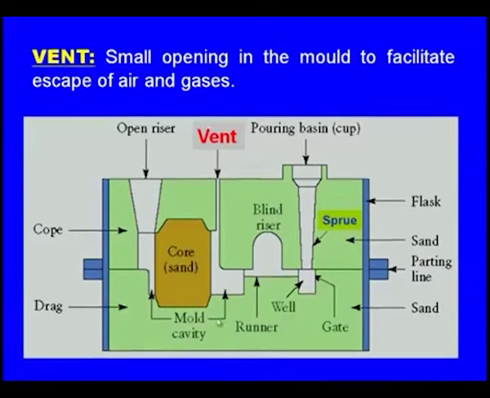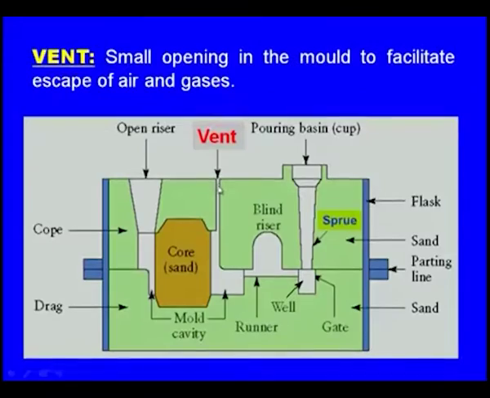That is why we create narrow holes inside the moulds, thin holes from the external surface of the mould till the mould cavity. These are known as the vent holes. Here we can see this is a vent hole, a small hole from the external surface of the mould till the inner surface of the mould cavity. So this is a small opening in the mould to facilitate escape of air and the other gases.